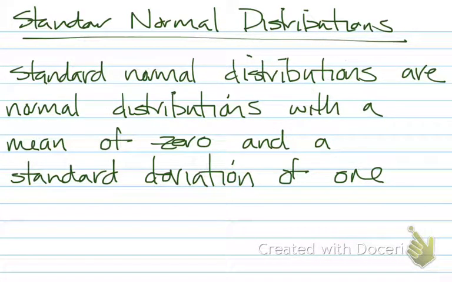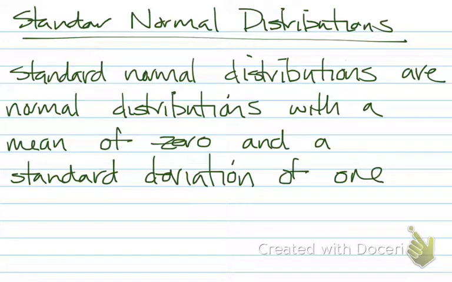Now, before calculators and technology, we needed some way to standardize the values that are on the x-axis for a normal distribution. Otherwise, it would require calculus in order to find the area up under the curve.